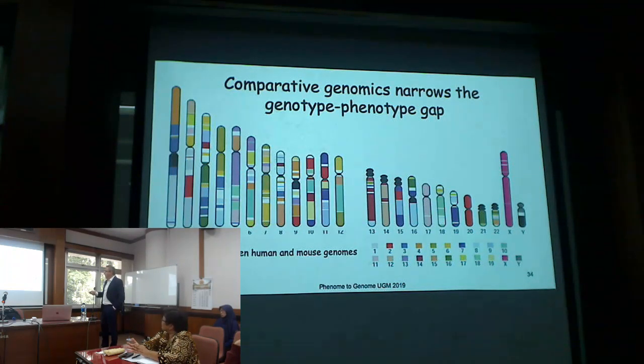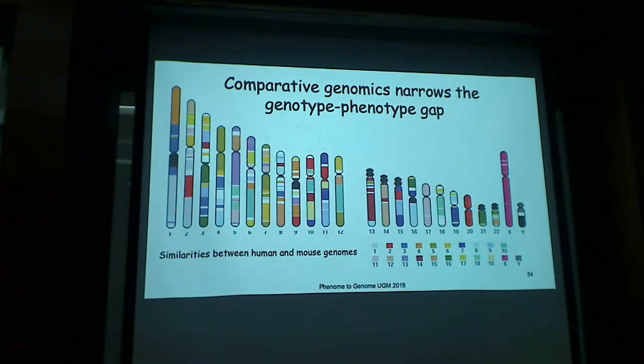Okay? So what this picture represents here is the 22 chromosomes plus the sex chromosomes of humans, and in blocks it tells you all the conservation that you have with mice. And you see two things. There is a lot of conservation between human and mice, but the genes are not located in the same chromosomes. Let's take one example that is easy to see because there are many colors.